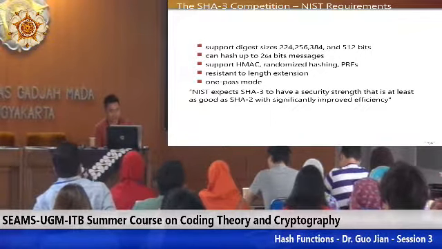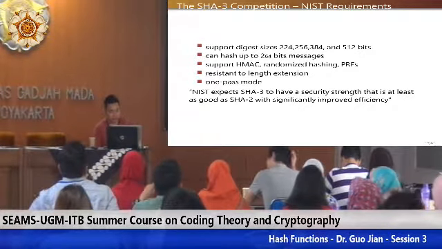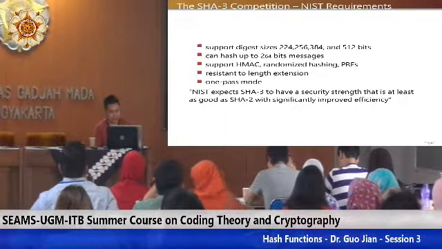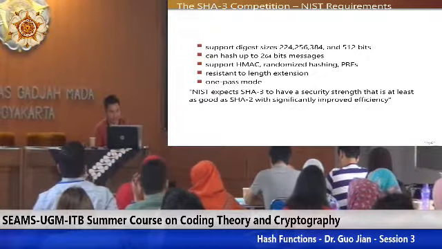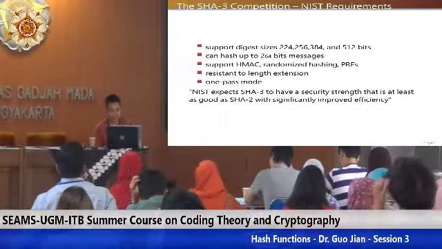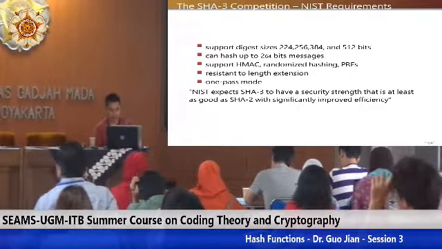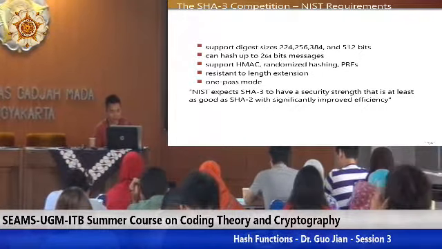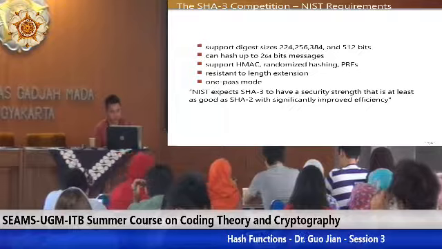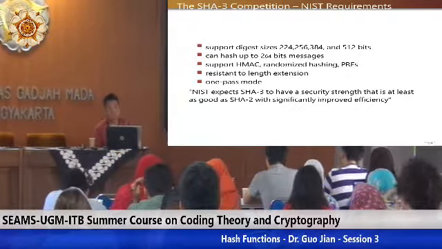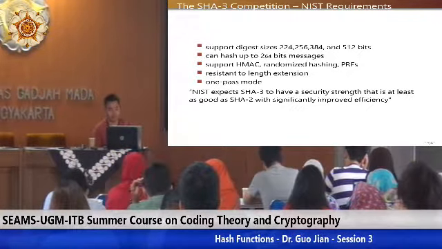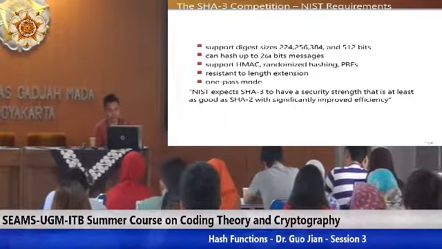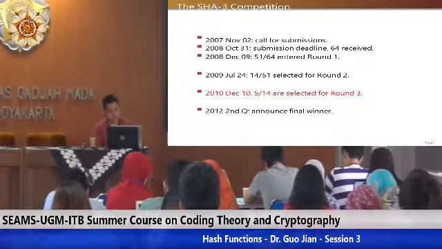February next year, the first SHA-3 conference at KU Leuven. July 2009, 14 candidates were selected as round 2 candidates. 2010 was the second SHA-3 conference. December 2010, 5 out of 14 were selected as round 3 candidates.